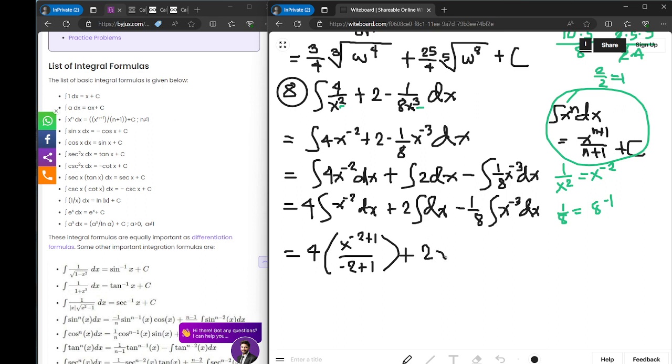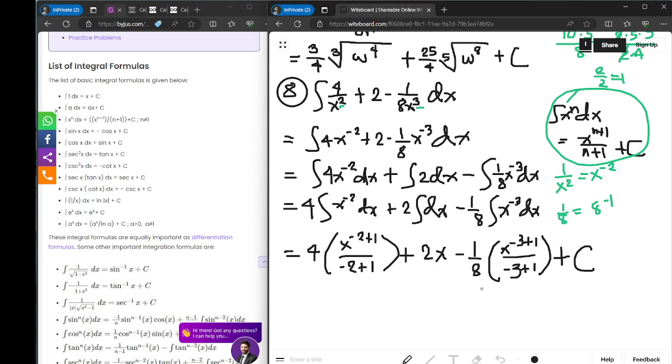Integral of dx is x minus 1 over 8 times x to the negative 3, sorry about that, negative 3 plus 1 over negative 3 plus 1 plus c.